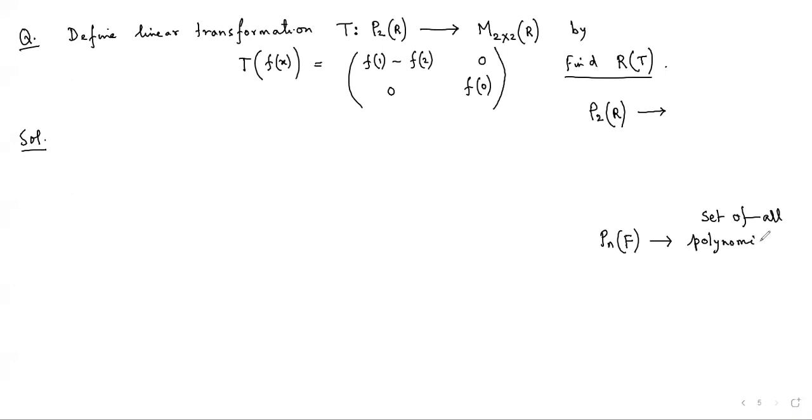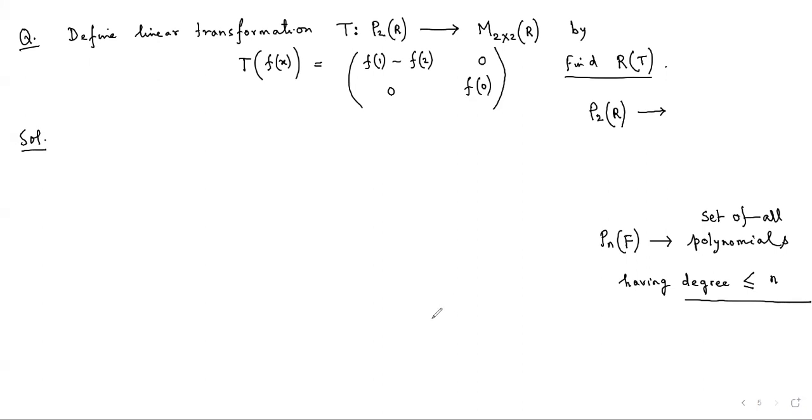It is a set of polynomials having degree less than or equal to n, over a scalar field.